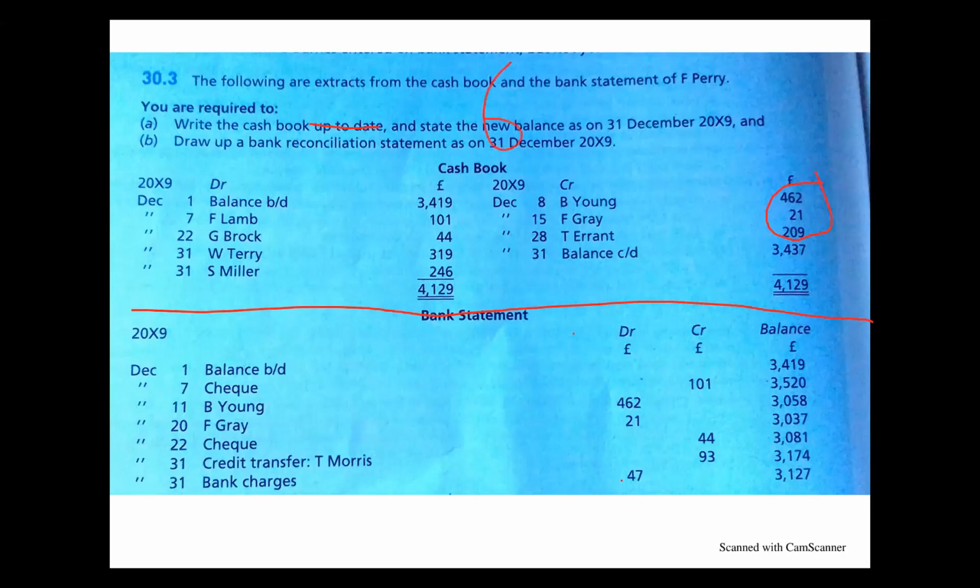Those three figures. 692, right? Yes, that is the credit side. Can you add the debit side as well? You include the balance brought down. This is for the unupdated cash book, the one that is not updated.